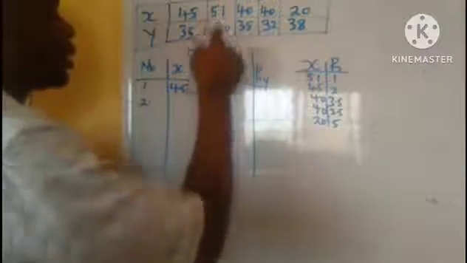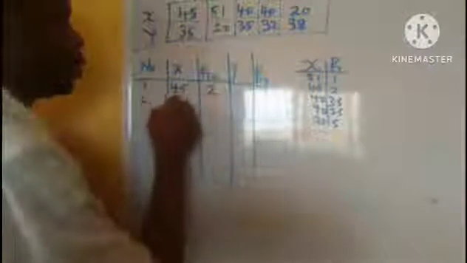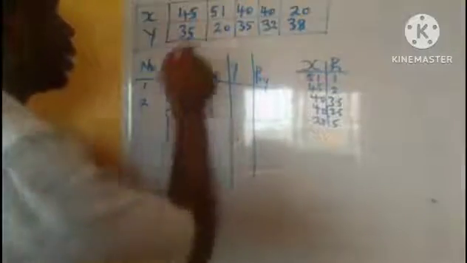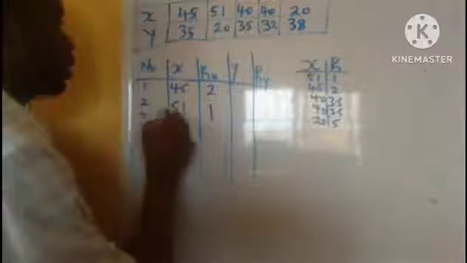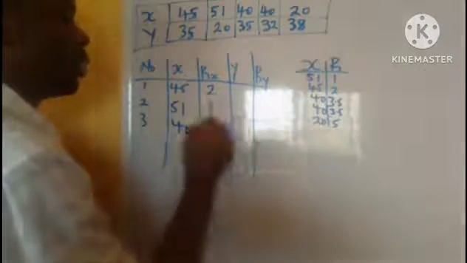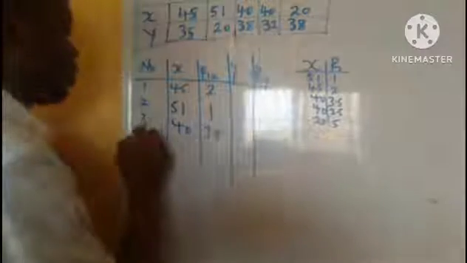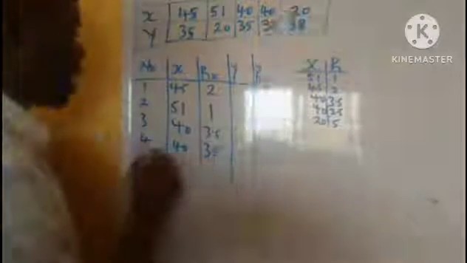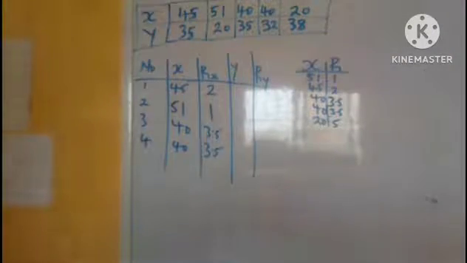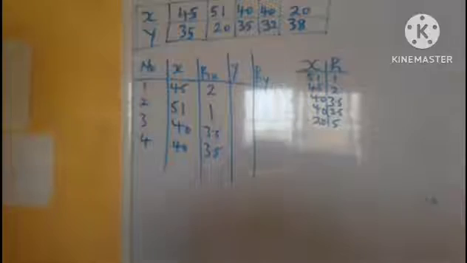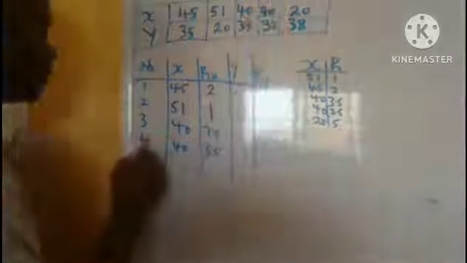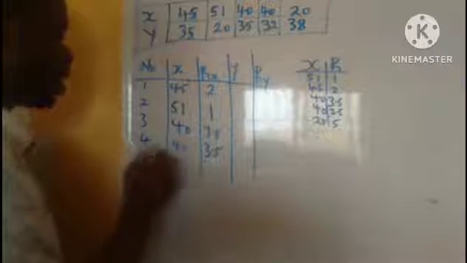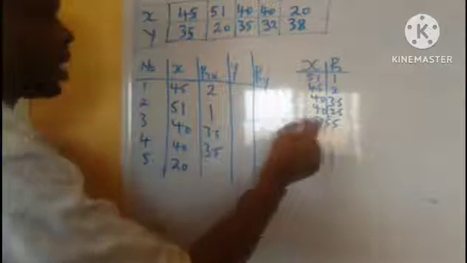Number 2 is 51, and the rank of 51 is 1. Number 3 on the list is 40, which is 3.5. Another 40, number 4, is 3.5. And the last one, number 5, is 20, and the rank is 5.